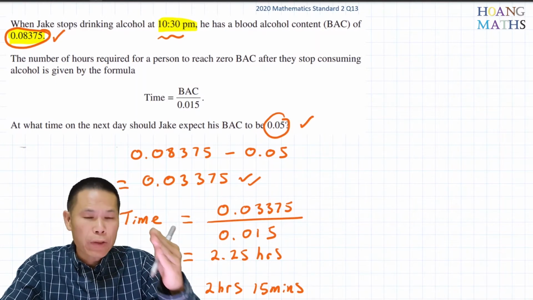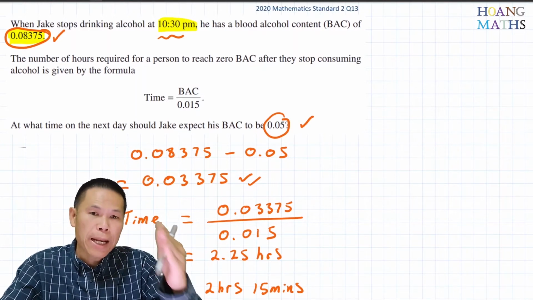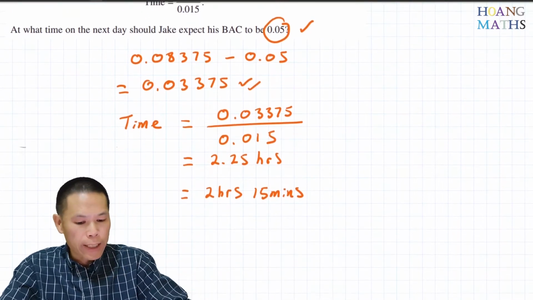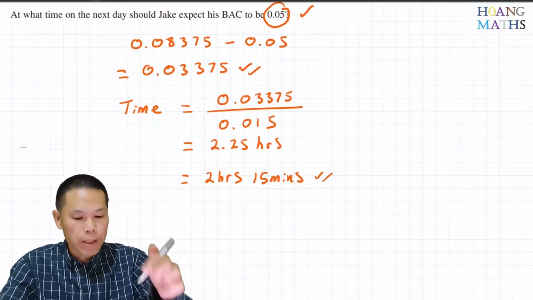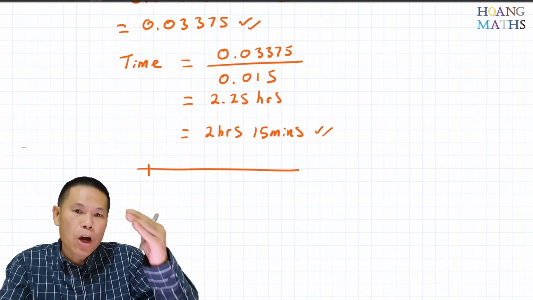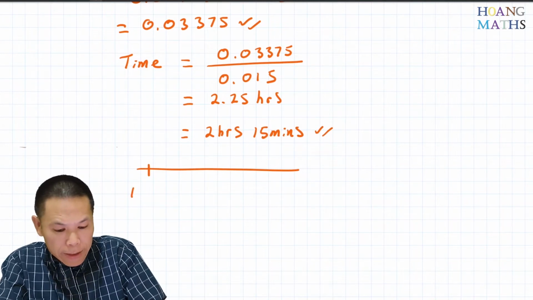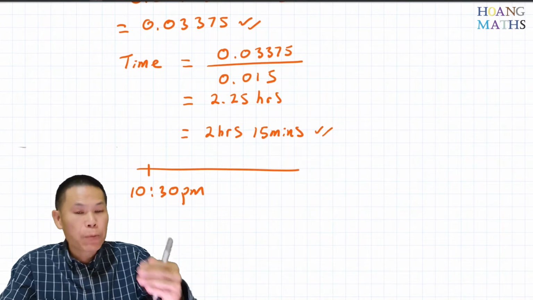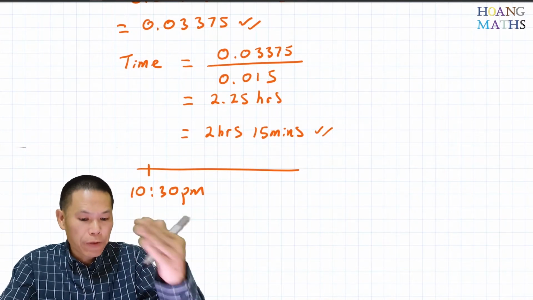So we need to work out the time that his blood alcohol content reached 0.05. We know that it takes 2 hours and 15 minutes. So I just draw a timeline first. He stopped drinking at 10:30 p.m. and we just add 2 hours and 15 minutes.